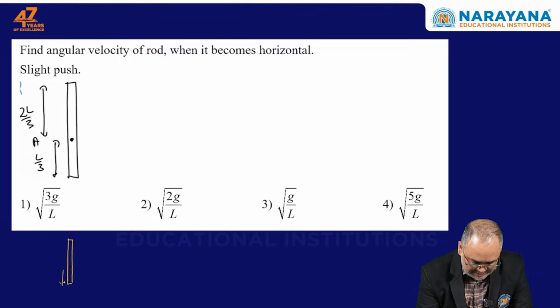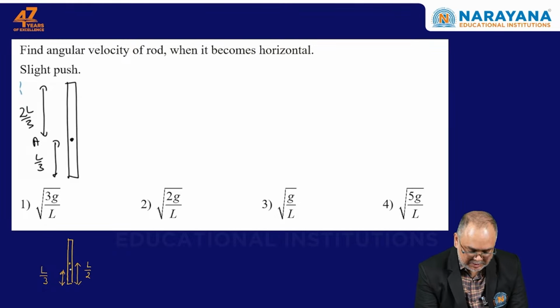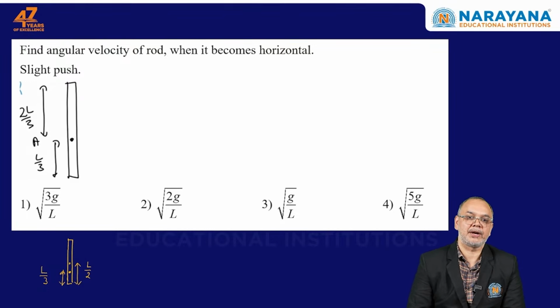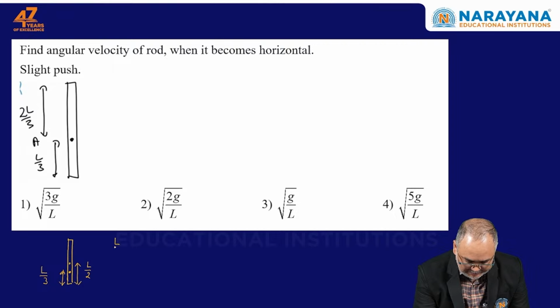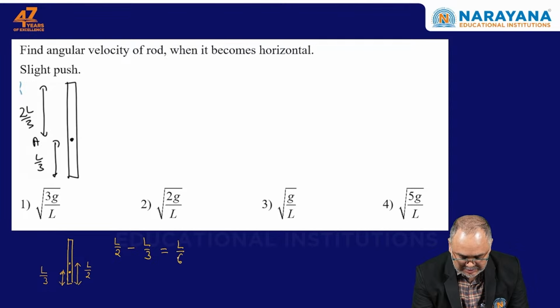This distance is given as L by 3, and let us say here we have the center of mass, so this distance is L by 2. So the distance of the center of mass and the hinge point, if you see here, is L by 2 minus L by 3, which is equal to L by 6.